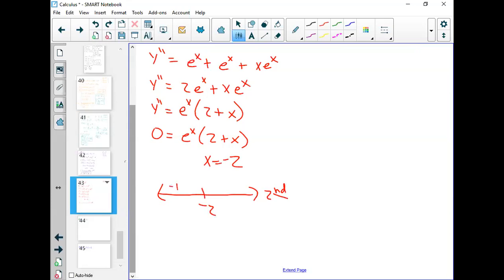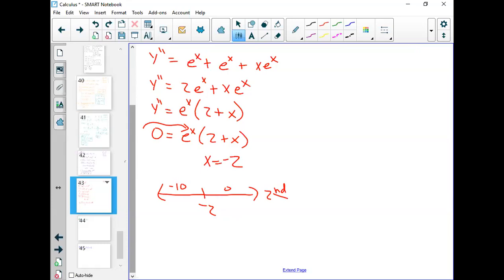Let's try -10 and 0. If you put in anything into this x here, e to the x is always positive. So you could put in -4,982,000,000 and you could put in 6. It doesn't matter. E to the x is always positive.